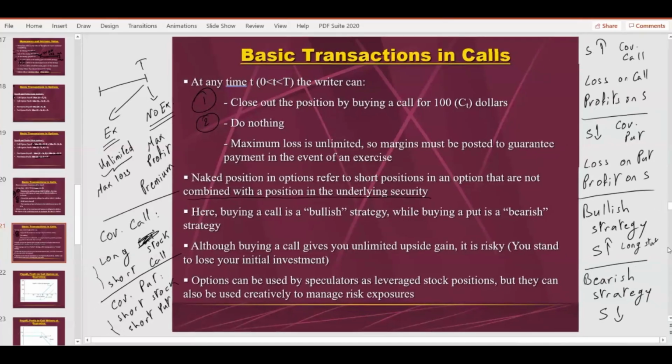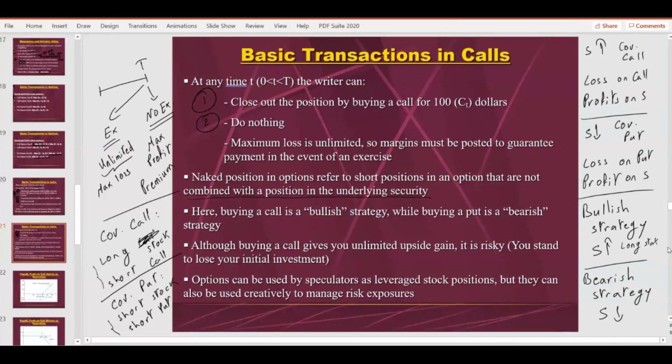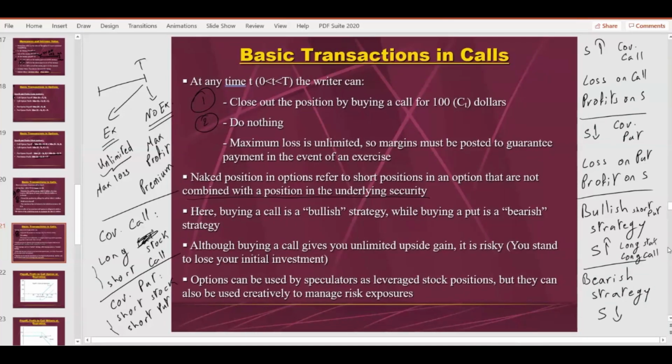A long call is a bullish strategy. And I can also add here a short put, because in this case, if the price of the stock increases, this means that the put is not going to be exercised, and the investor will end up with the premium of that put option.